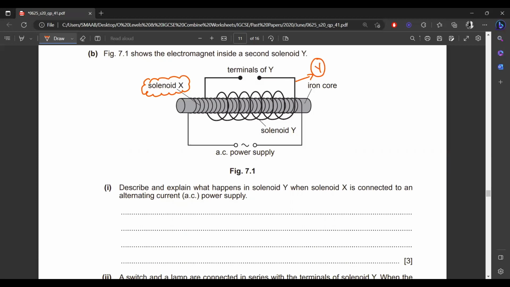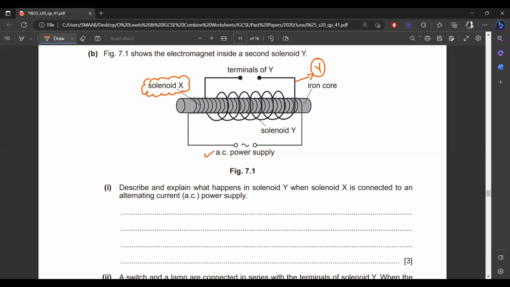So describe and explain what happens in solenoid Y when solenoid X is connected to an alternating current AC power supply. So X is connected with AC, as you can see over here, it is connected over this point.